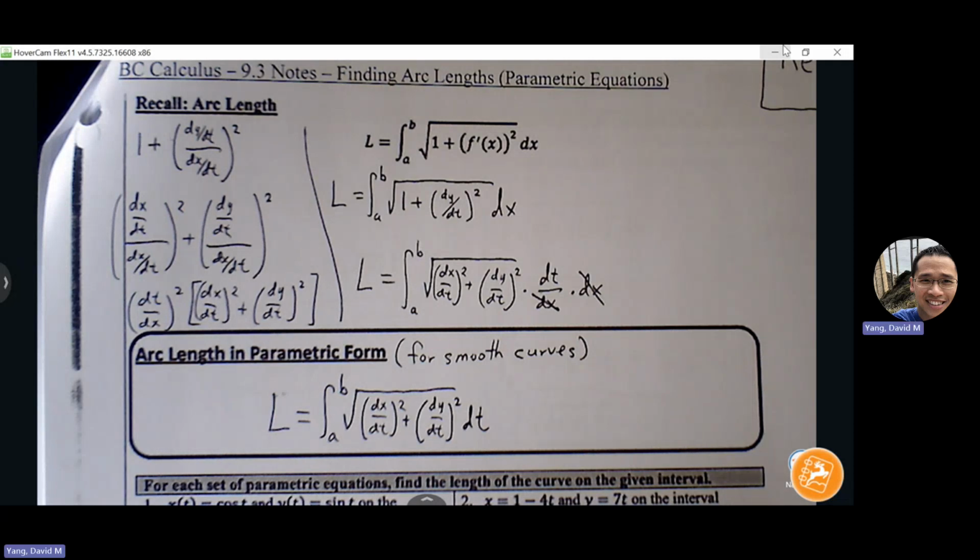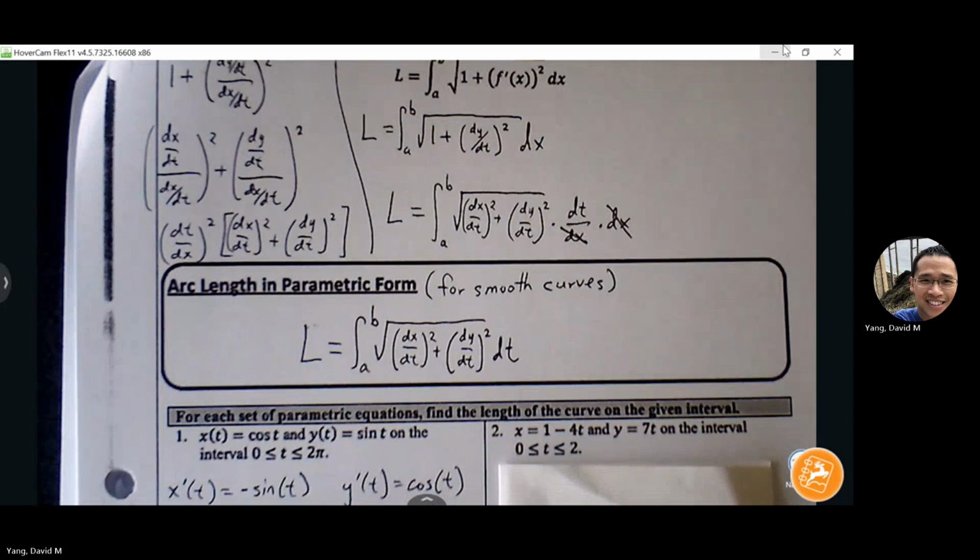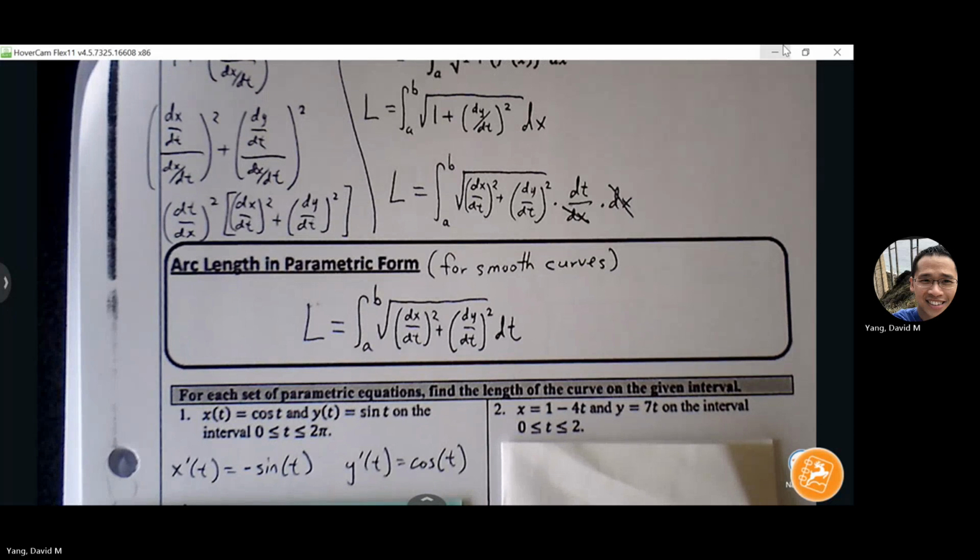Okay, so let's look at example 1. For each of the parametric equations, find the length of the curve on the given interval. So x of t is cosine t, y of t is sine t on the interval from 0 to pi.